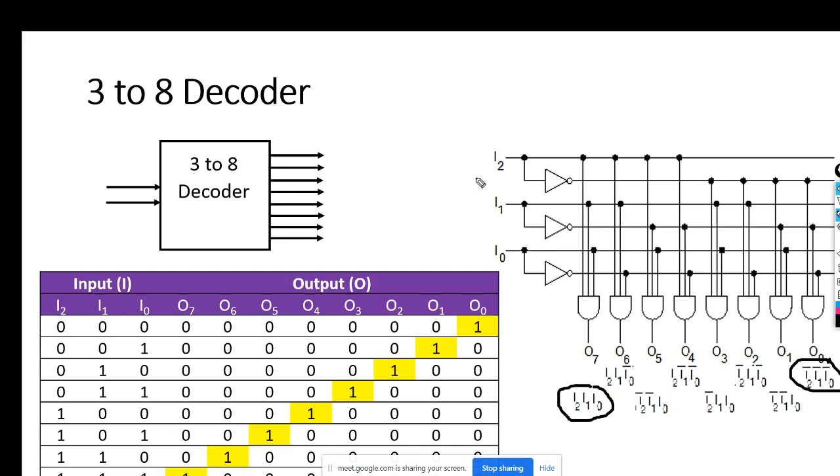And again, when you have 1 1 1, actually there's a small mistake, there must be three bars here. When all are 1, definitely this one is going to be 1, that is I0, I1, I2. All the others are going to be 0, because there is a bar somewhere, at least one bar is there, that means definitely it's going to be 0, because when there's at least one 0, when you have AND, it's going to be 0.